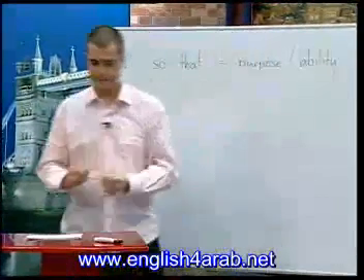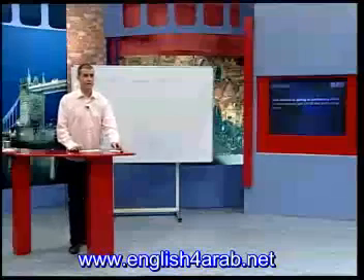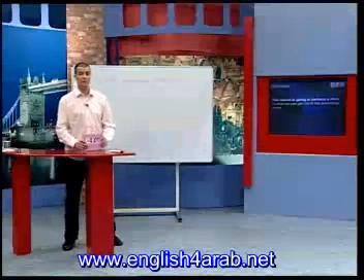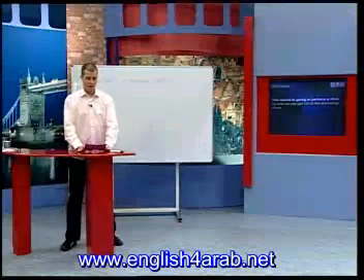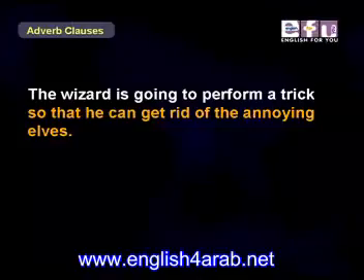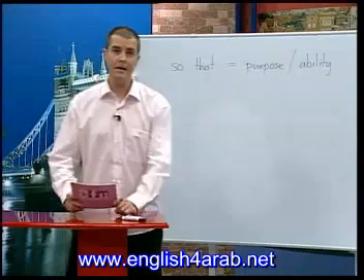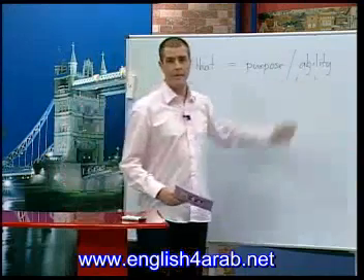Can is then used in the adverb clause. Let's have a look at this example. The wizard is going to perform a trick so that he can get rid of the annoying elves. So that plus can is ability.